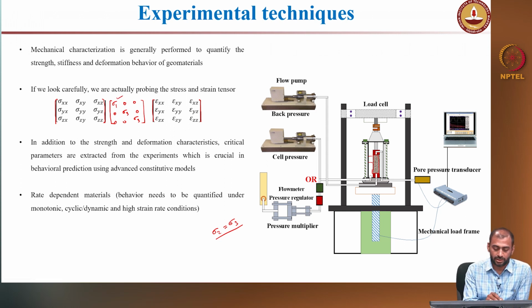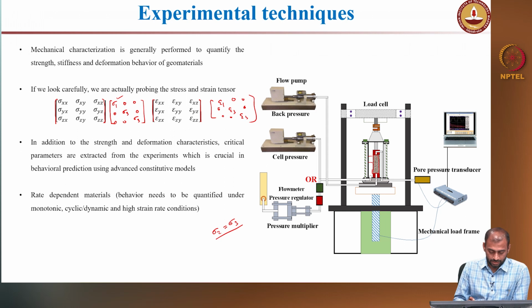You are probing these stresses and then trying to find the strain response. Similarly, you will calculate epsilon 1, epsilon 3. The other shear components are 0. So this is crucial in behavioral predictions using advanced constitutive models, right?